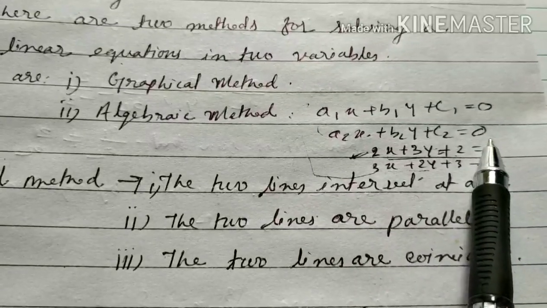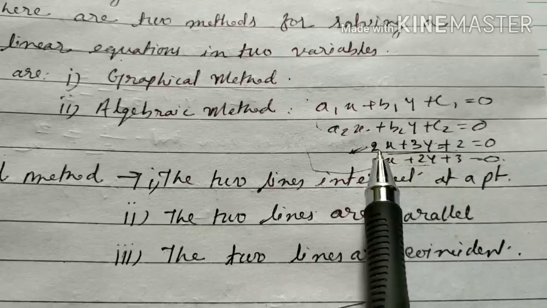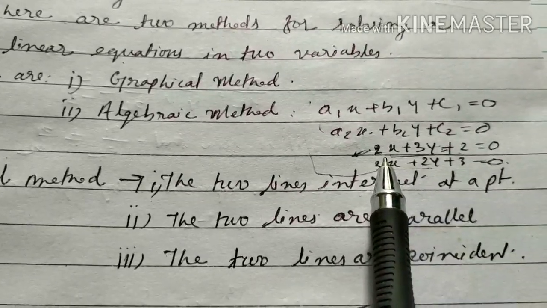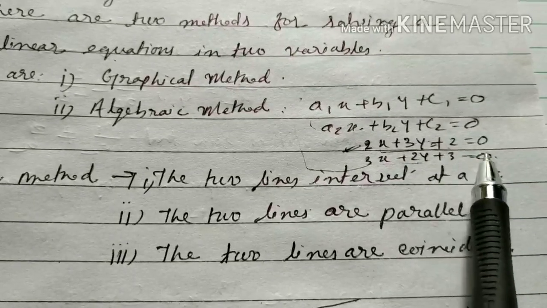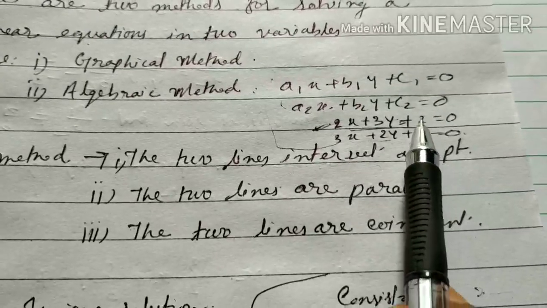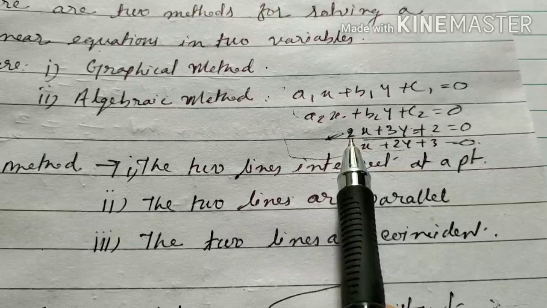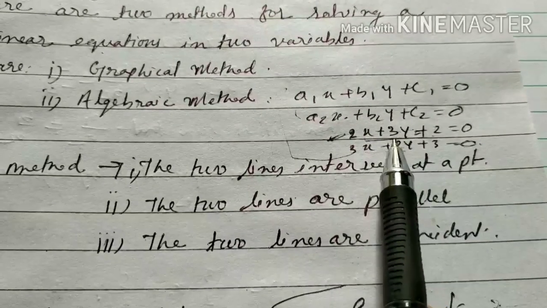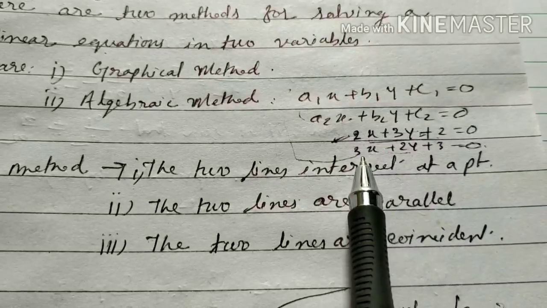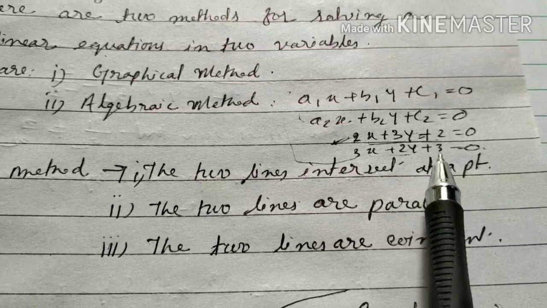For example, 2x plus 3y plus 2 equal to 0 and 3x plus 2y plus 3 equal to 0. Here a1 is 2, b1 is 3 and c1 is 2, and in the second equation a2 is 3, b2 is 2 and c2 is 3.